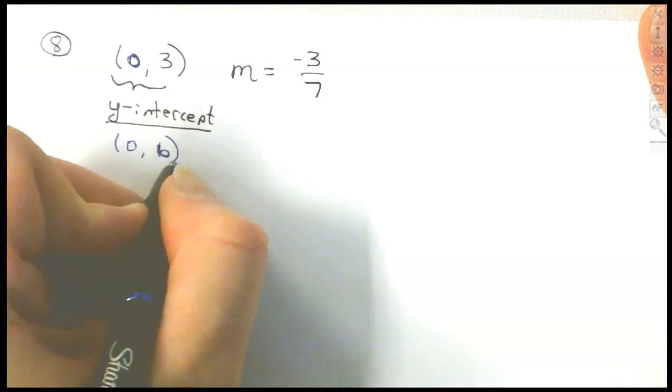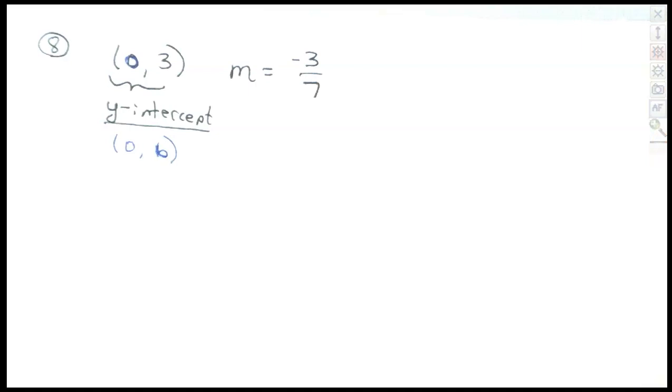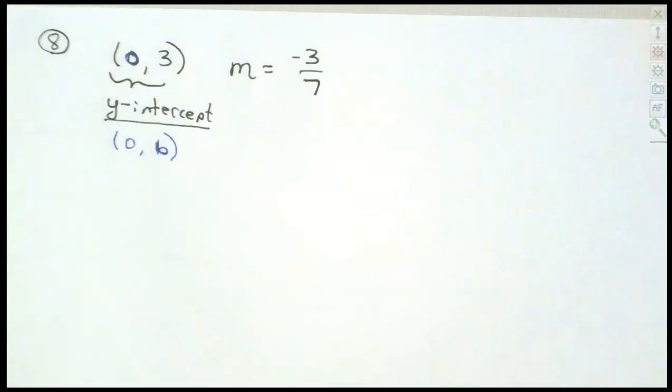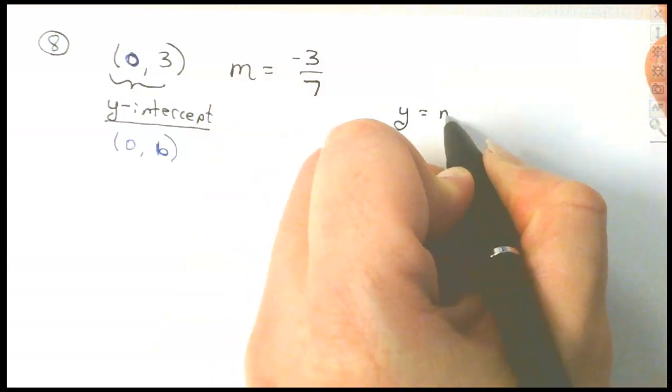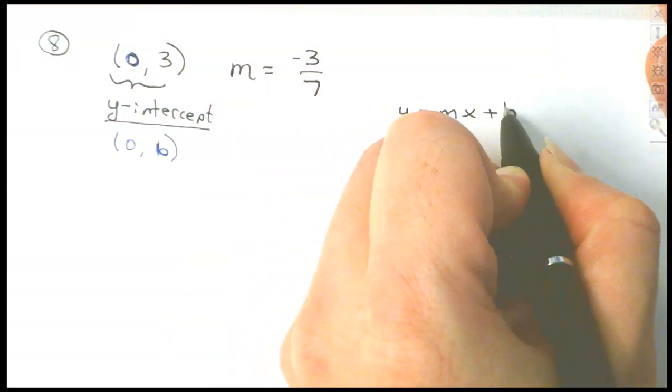Now, we could use the point slope formula like we did on question 6. You can also use the shortcut, because this is a y-intercept, because it's got the 0 here, and plug the numbers directly into your formula, which is y equals mx plus b.